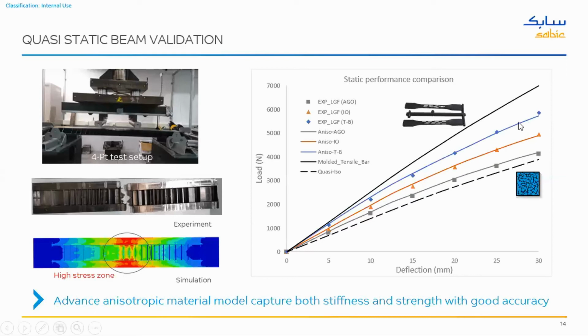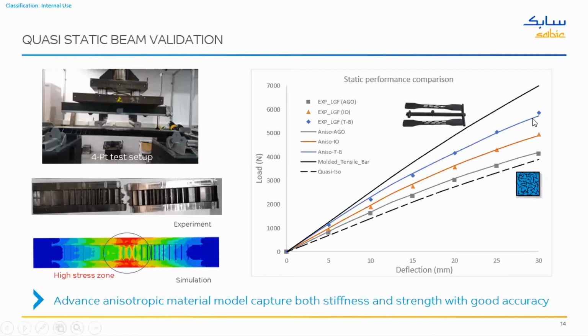As also expected over here, with the direct molded tensile bar, if we consider this for the simulation, it will give an over prediction of the stiffness. While if you use the quasi isotropic data, where you can expect the fibers are more random in your part, you would expect it to be much lower. And also as mentioned, the all gate open is coming closer to the random fiber orientation, so that makes sense.